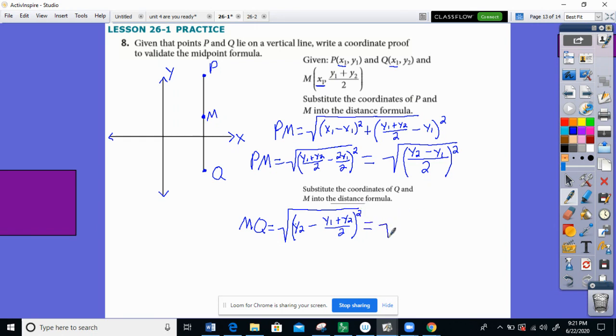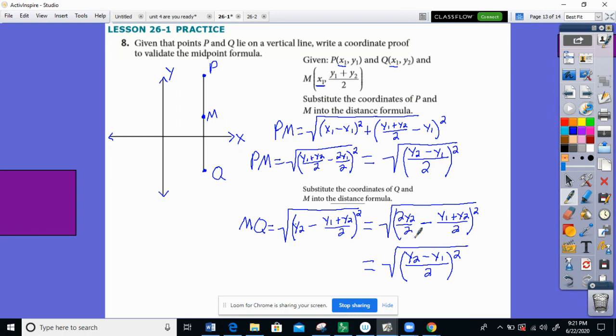Well, we want a common denominator. So that's 2y2 over 2 minus y1 plus y2 over 2. That whole expression is squared. And so now 2y2 minus y2, that's y2 on the top, minus y1 over 2, and that is squared.